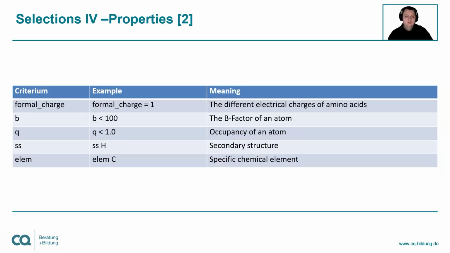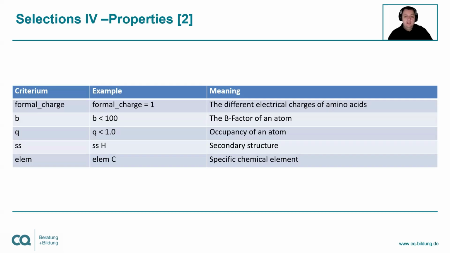There are also the so-called property selectors, where users can pick atoms according to different chemical properties. These are the formal charge, the B factor, and occupancy of an atom. For proteins, there's the option to pick atoms only of specific secondary structures, for example, only helices.